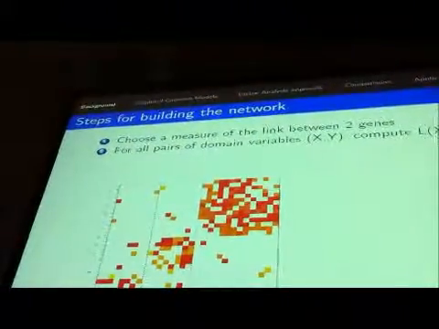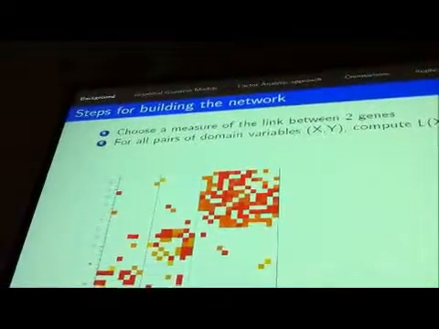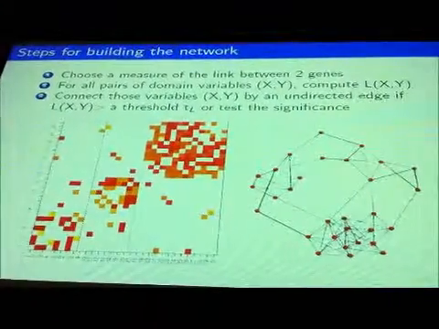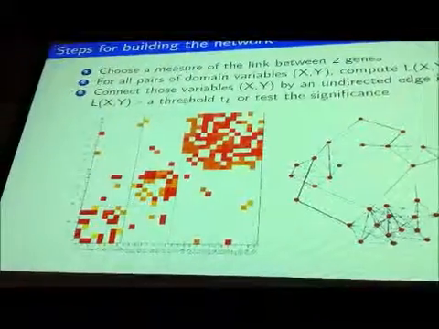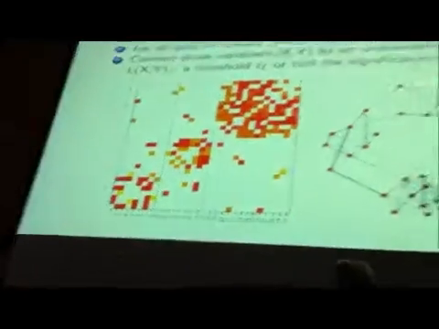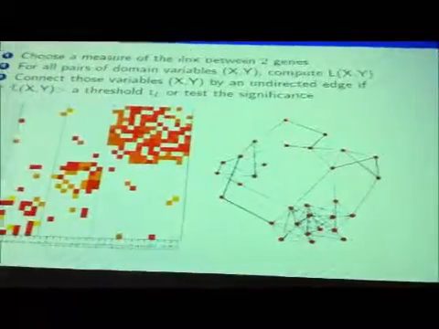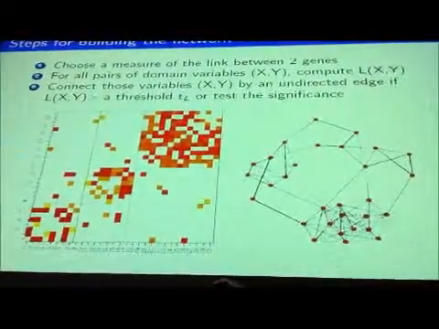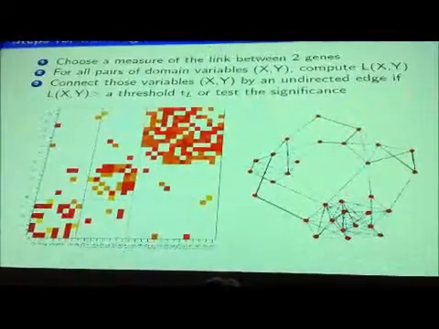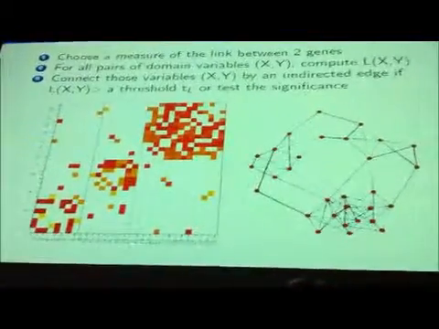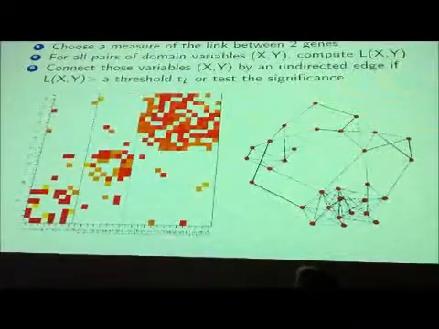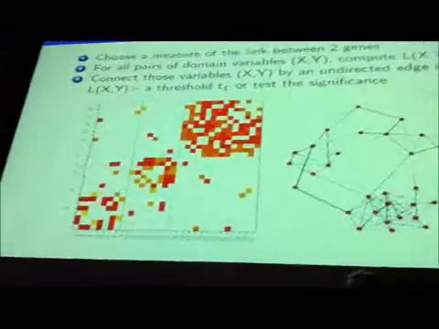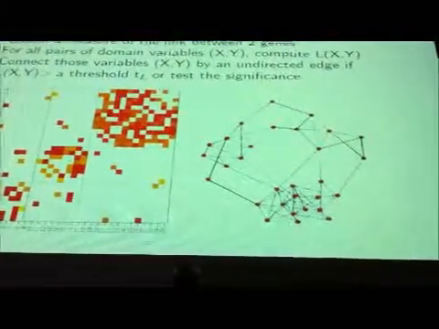Then for all pairs of genes, we calculate this measure, and then connect the variables by an undirected edge if this measure is higher than a certain threshold, or if a statistical test shows the edge is significant. So here we can represent this matrix of measurements as a graph like this.